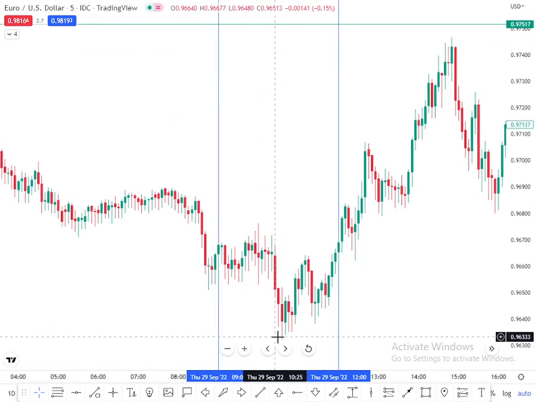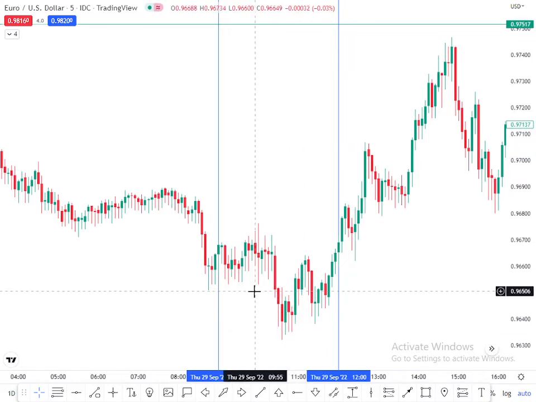This same particular region. If you were to look for an entry, let's say sell side liquidity you're targeting, a break of market structure. After that, you look for a fair value gap to be hit, and then the market gives you an entry.